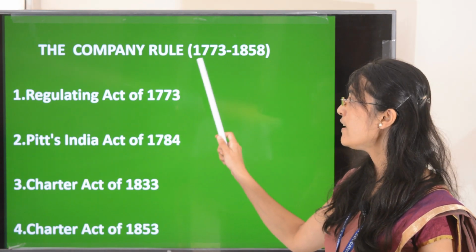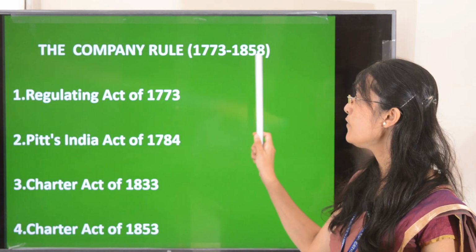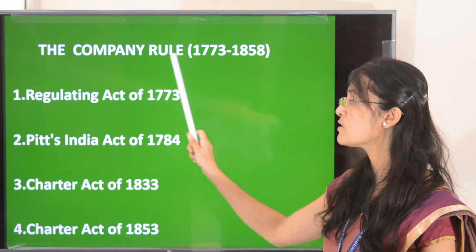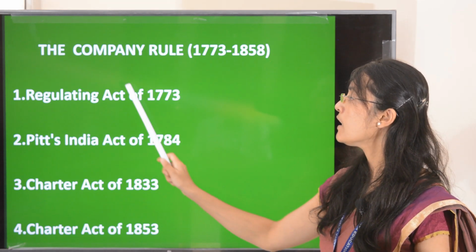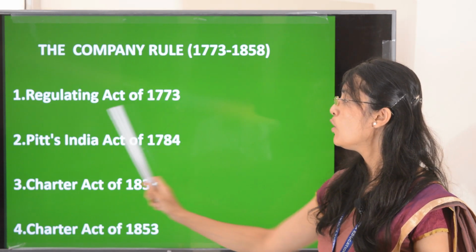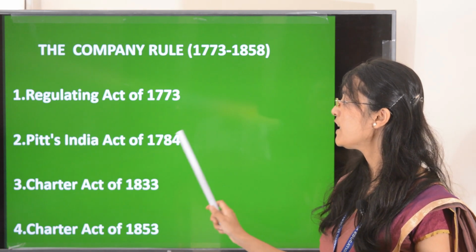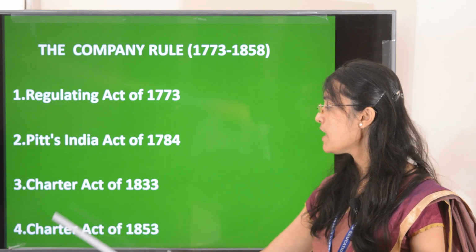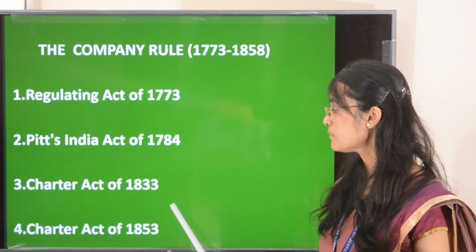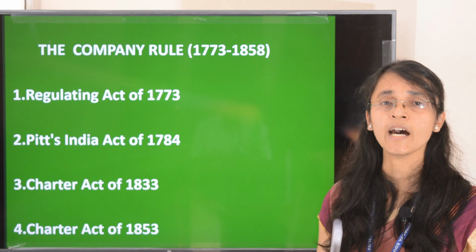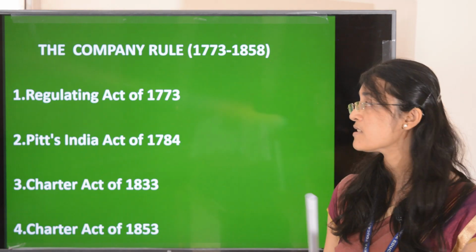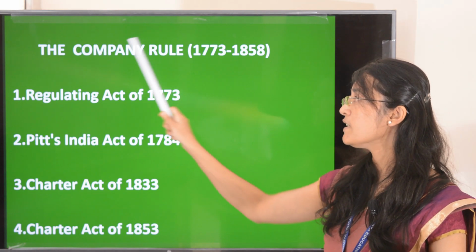The period 1773 to 1858 was known as company's rule. The Regulating Act of 1773, Pitt's India Act of 1784, Charter Act of 1833 and Charter Act of 1853 are examples of acts passed during the time of company's rule.